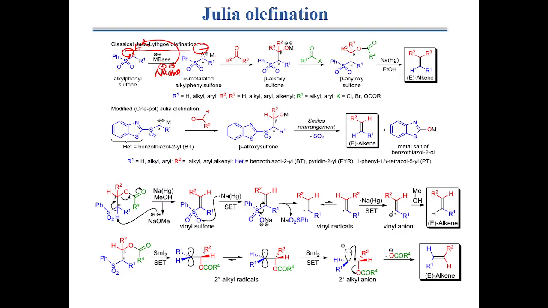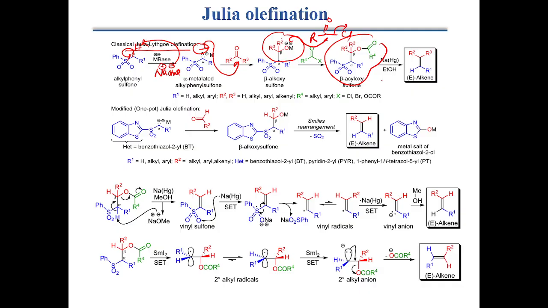Now in the presence of aldehyde, this negative charge will attack and form this compound. Now it will trap this compound with some acyl chloride. So here I am using Cl. So this will give this compound.